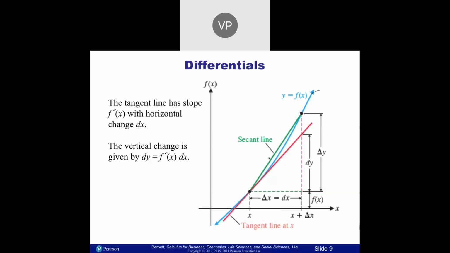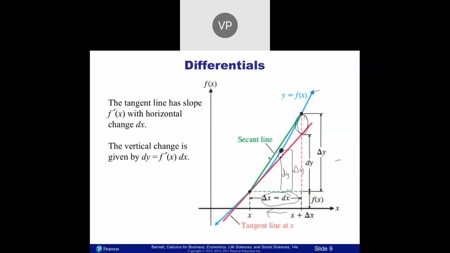What I want you to see is, we did this the other day, as delta x gets tinier and tinier, so as I start moving this in, watch what's going to happen. Now I get another point over here, I get another secant line, and you see how the slope's getting closer. We talked about that last week, but what I want to show you is your dx, your dy and your delta y. Here's delta y, here's dy, and you see how there was this big gap earlier? Now the gap's not as big.